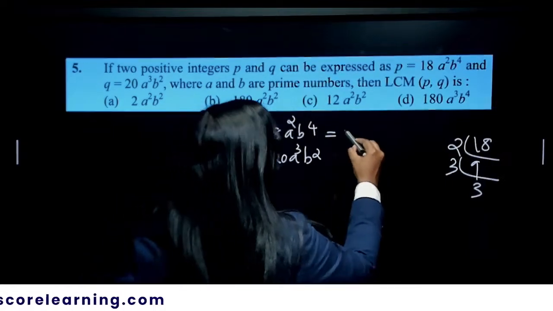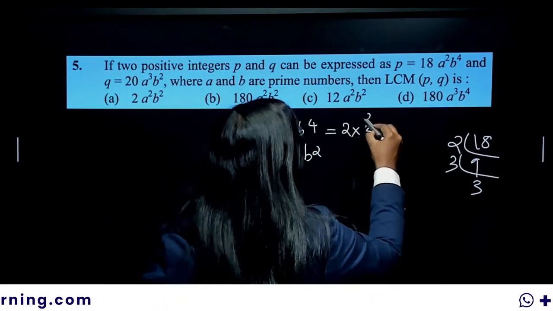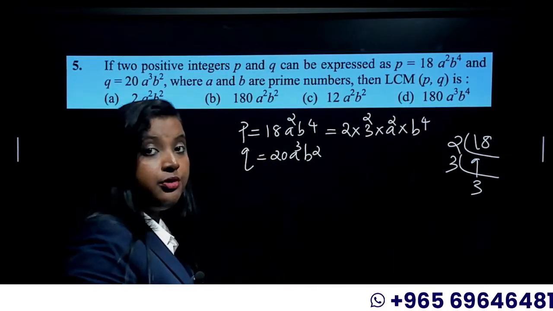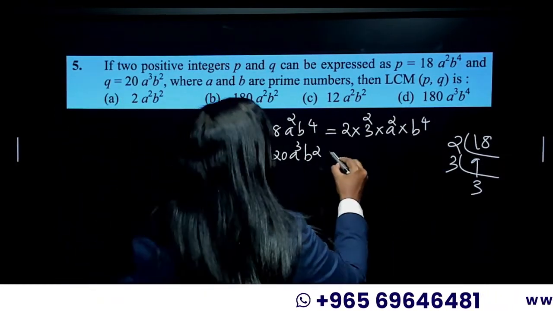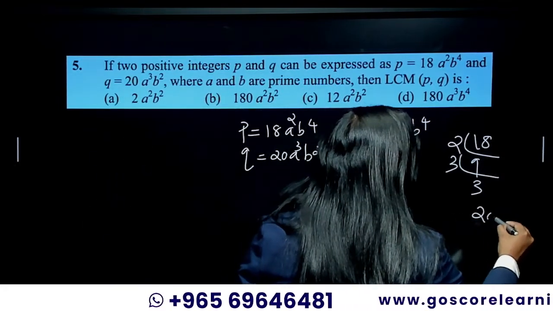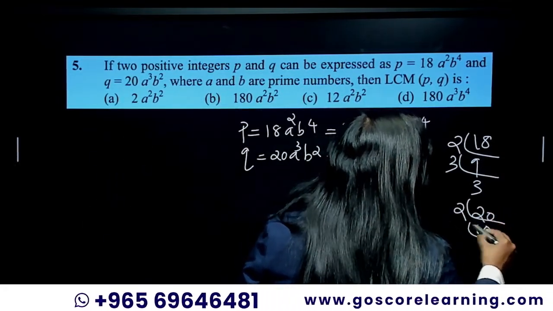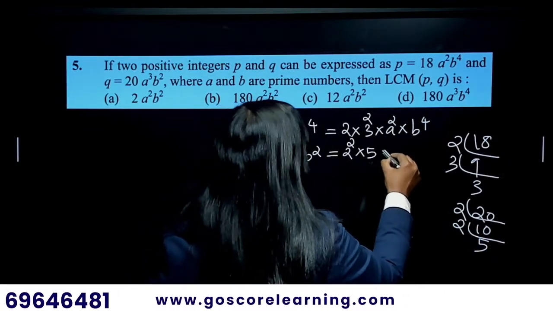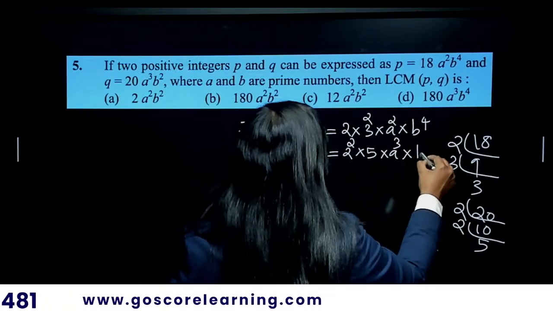So this is equal to 2 into 3 square into a square into b raised to the power of 4, right? And what about 20? 4 fives are 20, and 4 you can write as 2 squared. So this is equal to 2 square into 5 into a cube into b square.